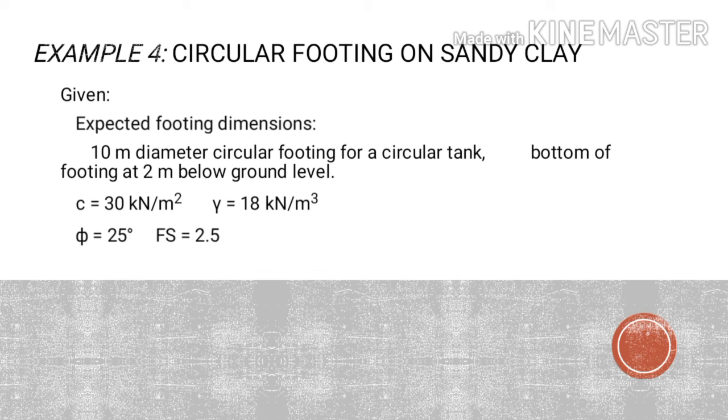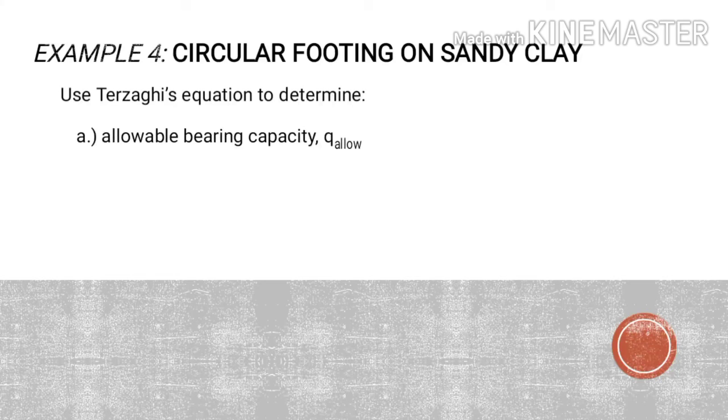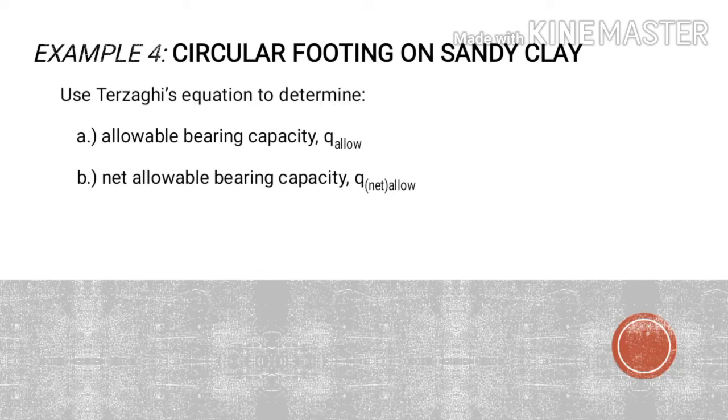The angle of internal friction is 25 degrees, while the factor of safety is equal to 2.5. Same as what we did earlier, first we identify the problems: A, allowable bearing capacity, and B, net allowable bearing capacity.